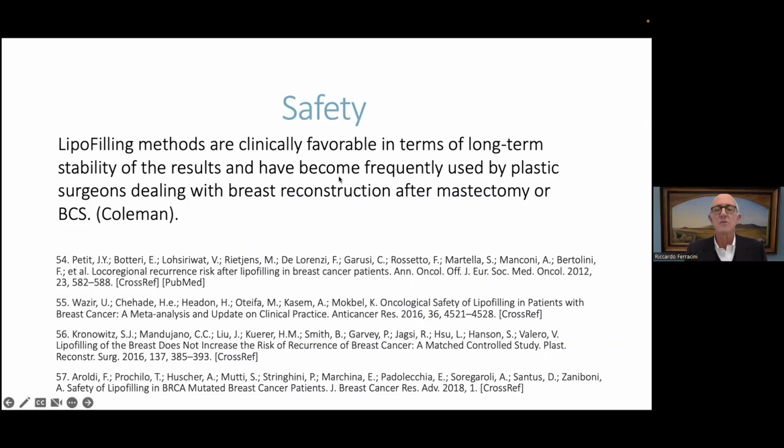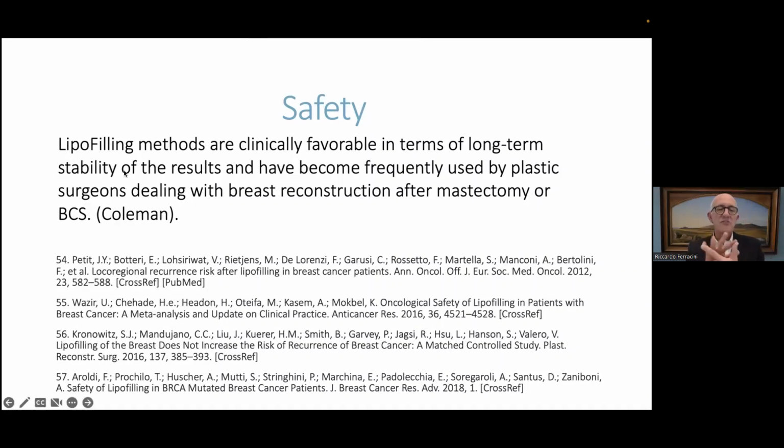So I always tell them about this huge 2,000 patient study that was done on women after breast cancer, where they had 2 types of reconstruction: one with a silicone prosthesis, and the other using lipofilling.